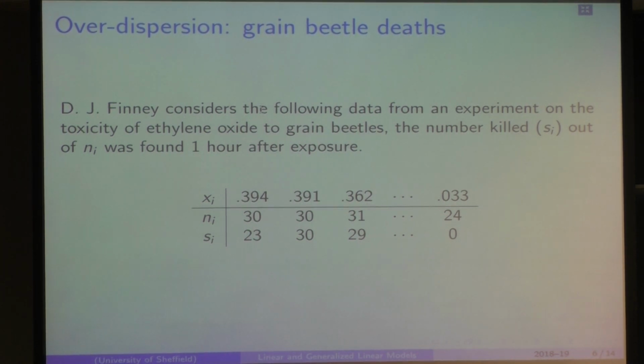So there are n_i beetles exposed, and S_i is the number which died. Okay, so we've got various ranges of our x_i. So x_i is the concentration here, I think. Yeah. So it's the log of the concentration.